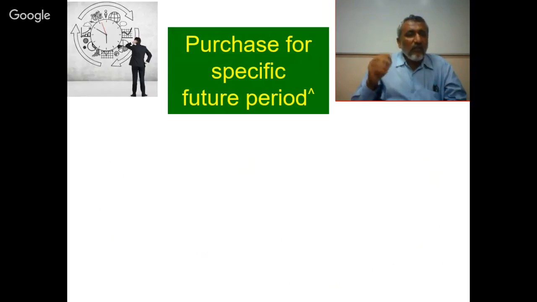What we do is, we purchase for a specific future period, say 1 week, 2 weeks, 1 month, and we store it and we use it as and when it is required. This is the same case in industry also. The industry calculates the material requirement for a specific future period and purchases that much quantity of the material, which will be used as and when time comes.